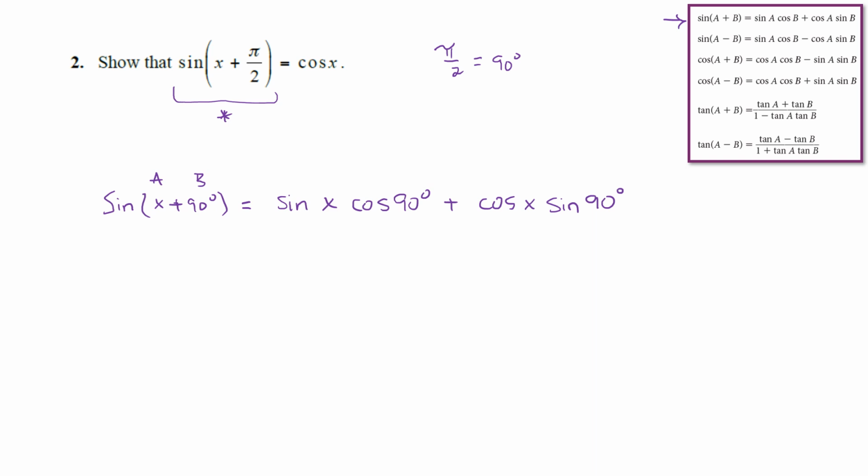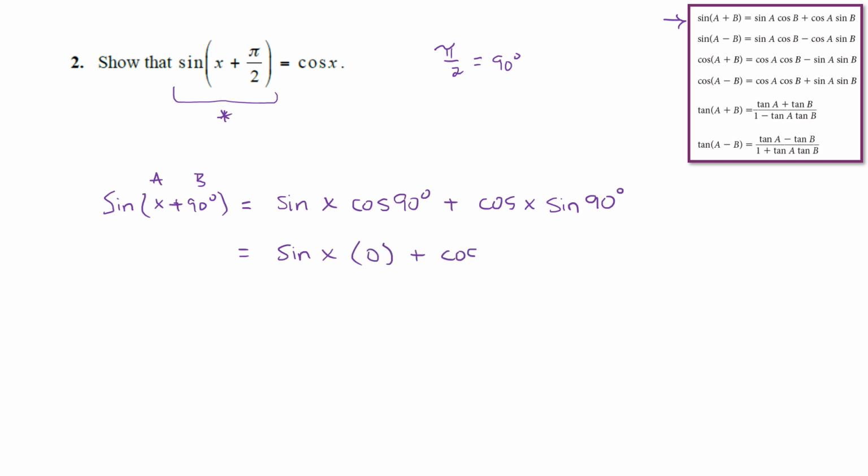That is a simple mistake we can easily make. Just make sure that you verify that the formula that you write down matches exactly what is written in our formula chart. All right, let's simplify this. We don't know the sine of x, so we'll bring that down. The cosine of 90 degrees is 0.